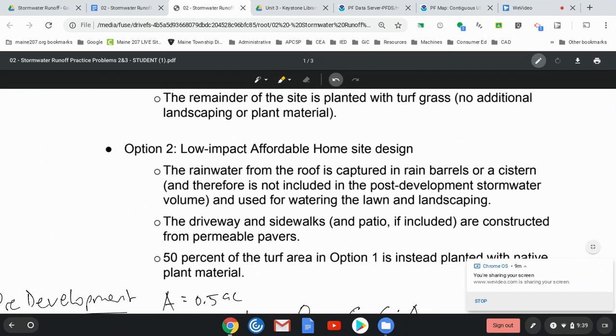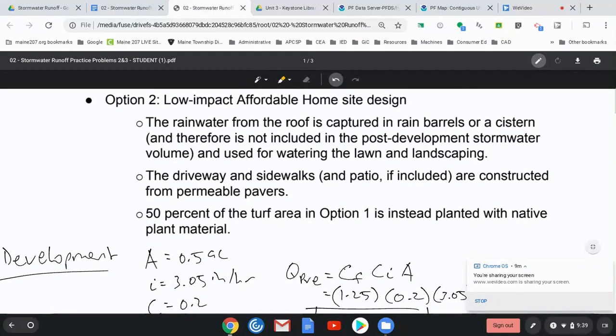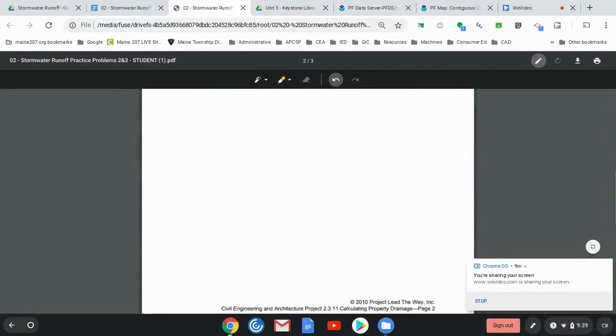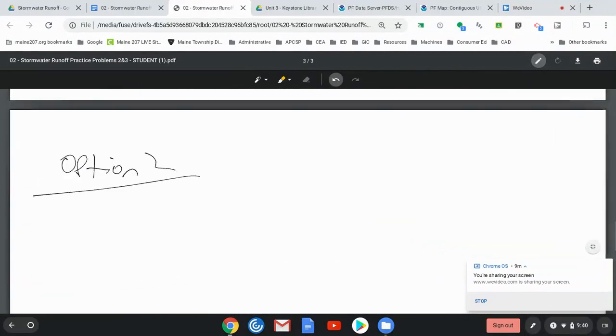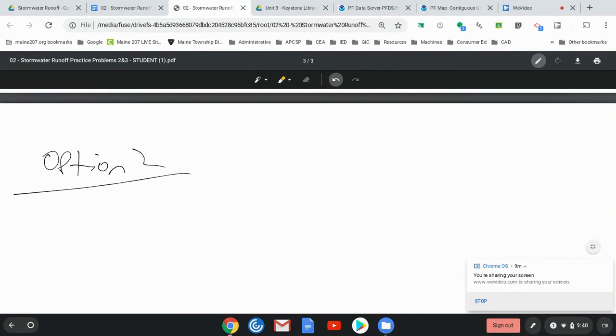And then half of the leftover lawn area is being planted with native plant material instead of this turf. All right, so we have the area for the house. We have the area for the driveway, we have area for half the lawn, and we have area for the other half of the lawn. All right, so we can kind of copy and paste some of our values here.